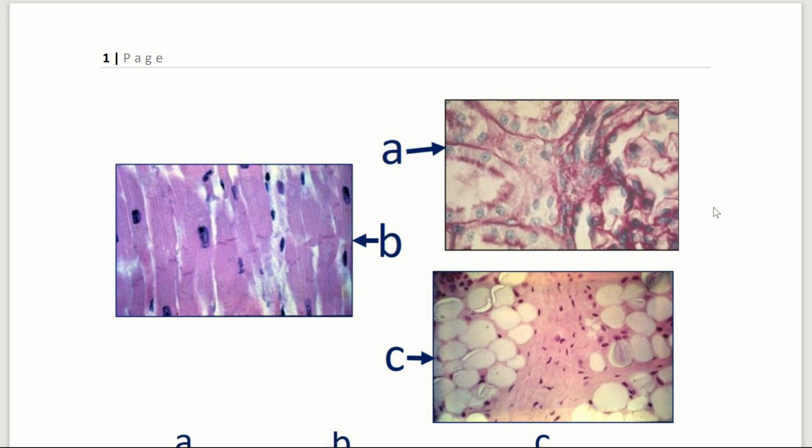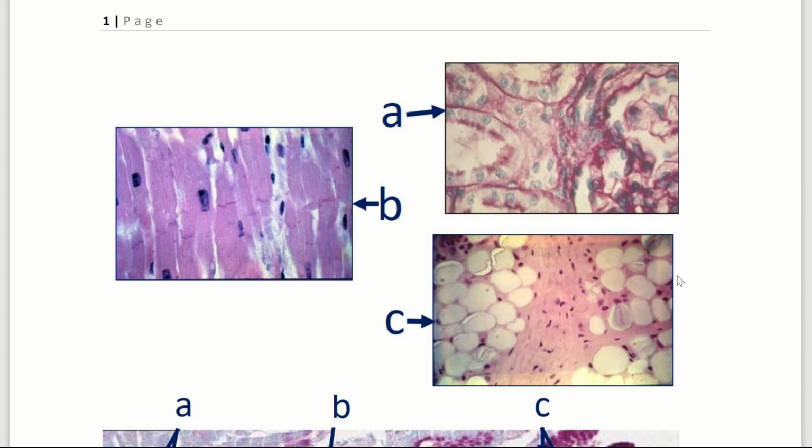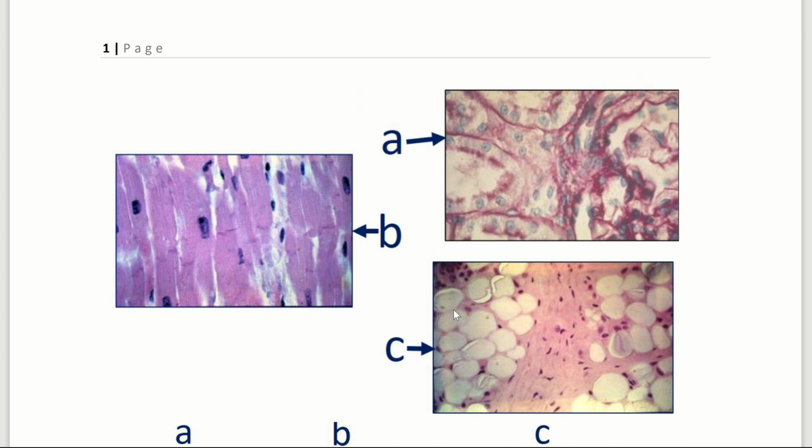Just so you know the format of the exam and everything, I did go over that in the first review video. But it will be very similar to what you guys are used to. So it's still going to be A, B, C, D is going to be A and B, E is going to be all of the above. The only thing that I do want you guys to be mindful of is just because you've seen this image before does not mean that the question you've got on the midterm is exactly the same as the question you've seen before.